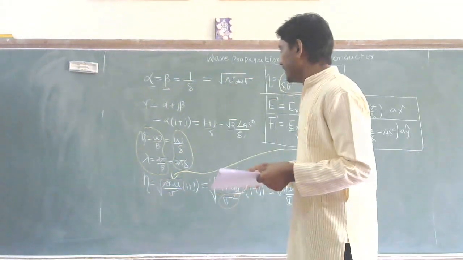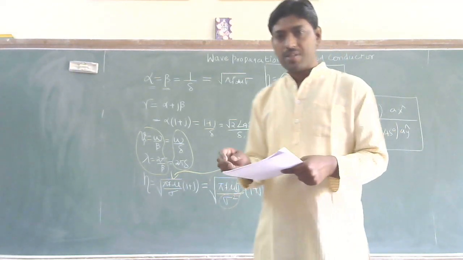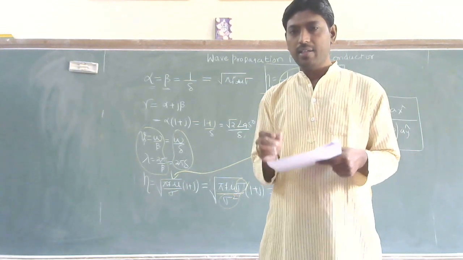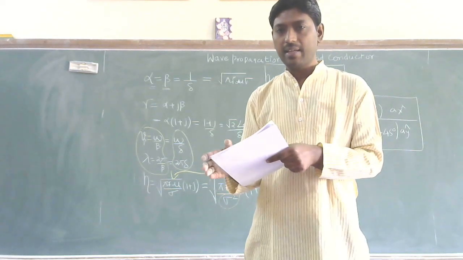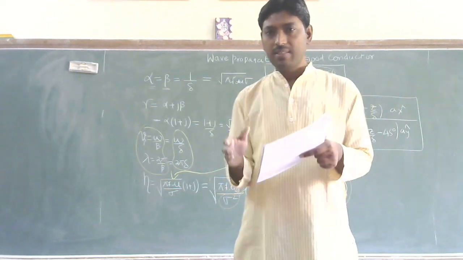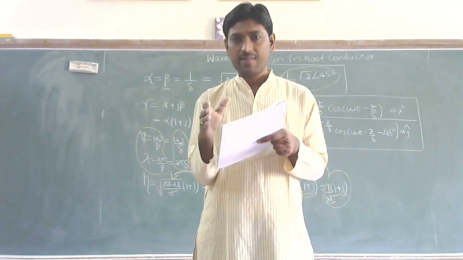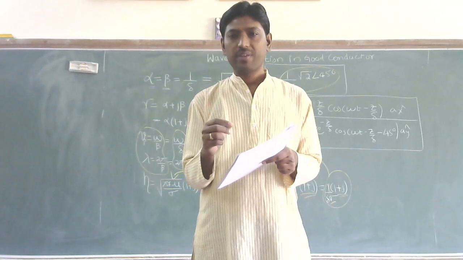Then we try to approximate, by using the concept of loss tangent, this conducting medium as a good conductor and a good dielectric. As we said, in a conducting medium the wave attenuates as it propagates through the medium. We define a concept of skin depth.